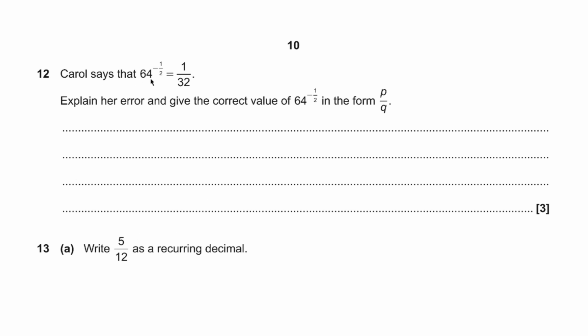Question 12, Carol says that 64 to the negative 1/2 is 1 over 32. We have to explain her error and give the correct value of 64 to the negative 1/2 in the form P over Q. Well, over here she did not square root the 64.